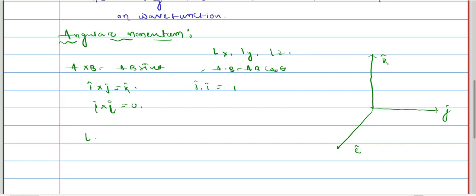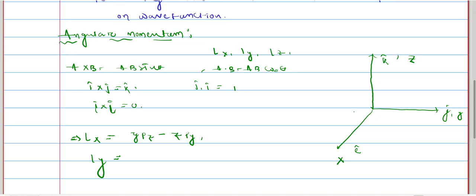What is Lx? We write Lx equals to... this is X, this is Y, this is Z. This is the simple formula. Lx equals Y Pz minus Z Py.